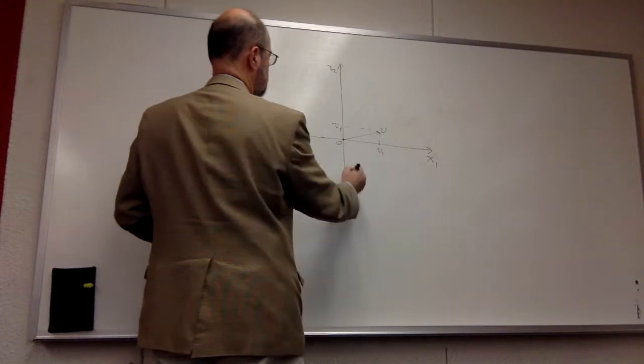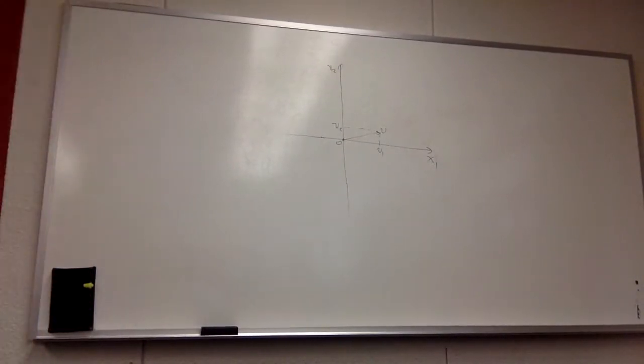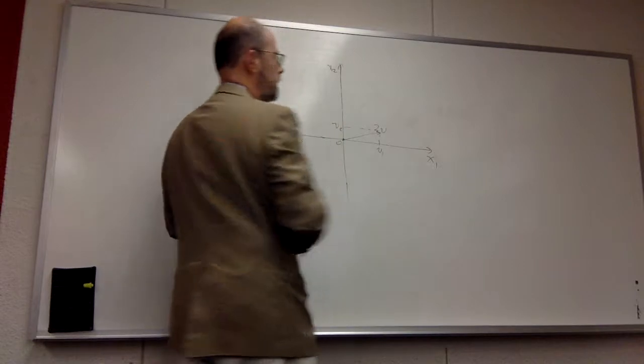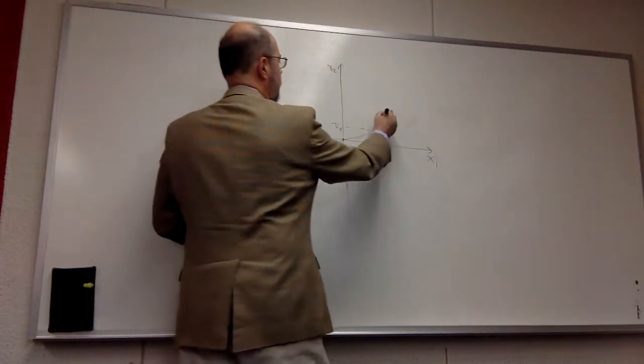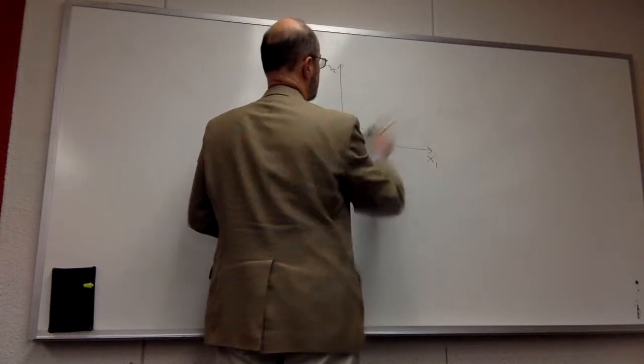Now, what does it mean to multiply a vector by a scalar? And I mean in terms of the picture. So, as you might expect, if I want now to multiply by 2, then the vector cannot stay where it is.